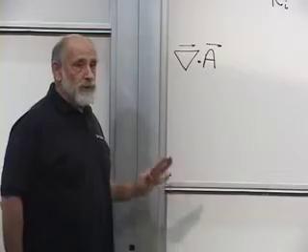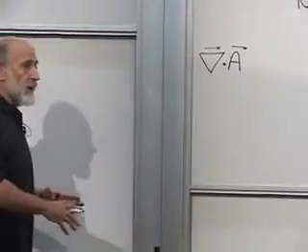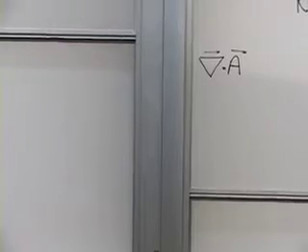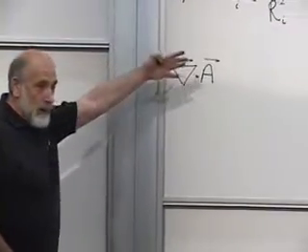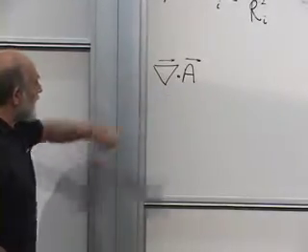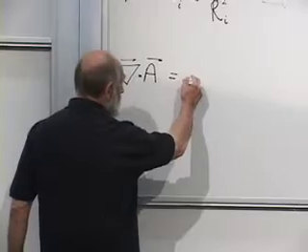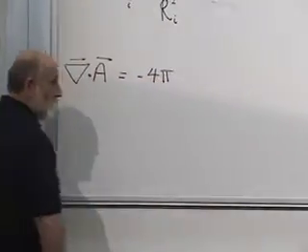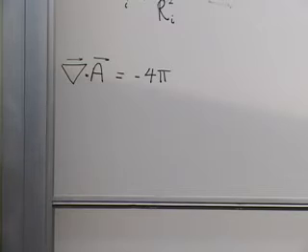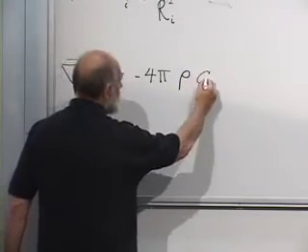The relationship between masses and gravitational field, which is basically the relationship that Newton wrote down, can be re-expressed in the form that del dot A is equal to minus 4 pi, I'll remind you where the 4 pi comes from, times the mass density, times Newton's constant.